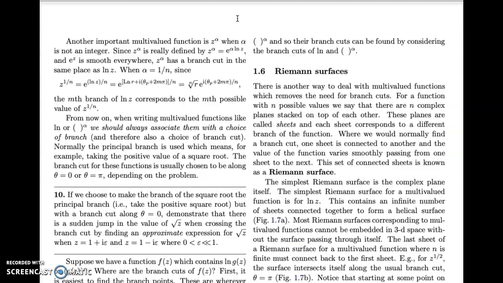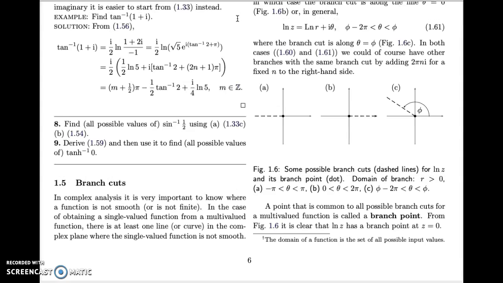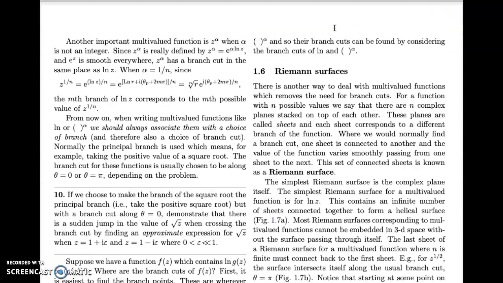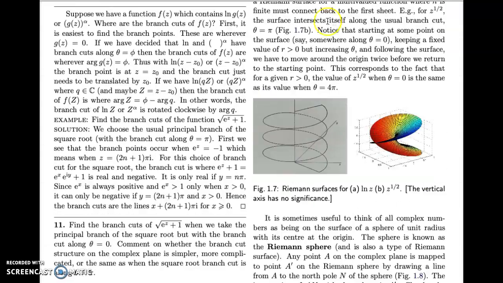Okay, so the branch point arises from the fact that we get a branch point of the argument at z equals 0, and log z involves the argument theta. So we first look where g of z is 0, and that will be where we get a branch point, or more than one branch point.